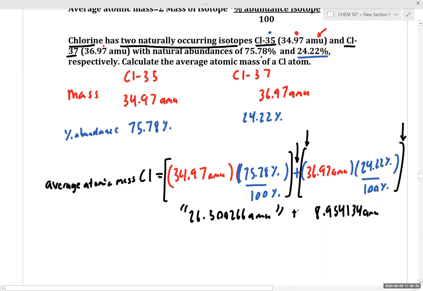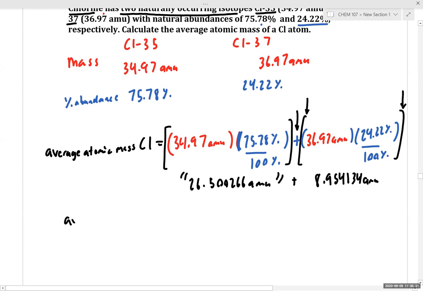And if we add each of these components together, we get an average atomic mass equal to 35.4544 AMU.